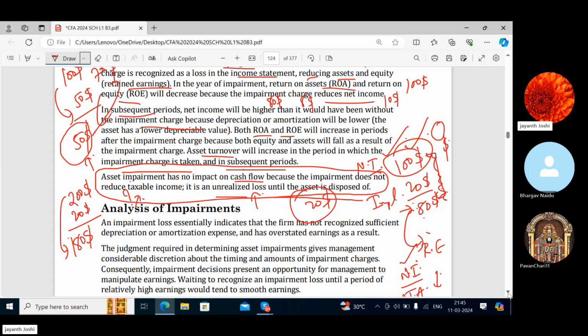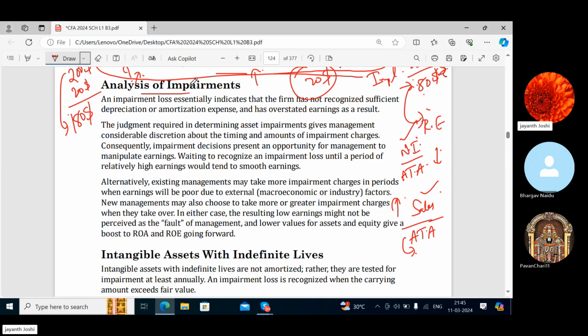Now, analysis of impairments. An impairment loss essentially indicates that the firm has not recognized sufficient depreciation or amortization expense and has overstated earnings as a result.